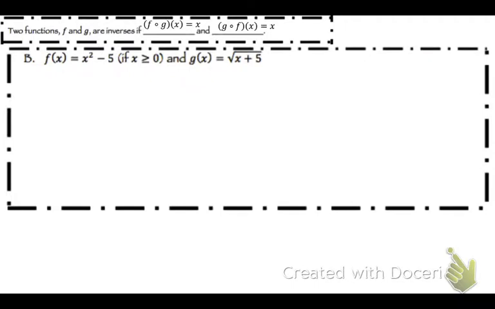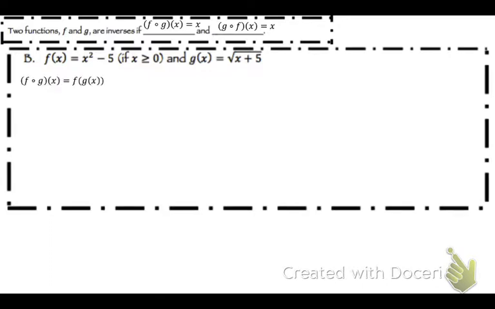Okay, let's do one more. If we have f of x equals x squared minus 5, this is only when x is greater than or equal to 0. These can be inverses of each other only when x is greater than or equal to 0 here, so we're only looking at the right side of this graph. And g of x is the square root of x plus 5.